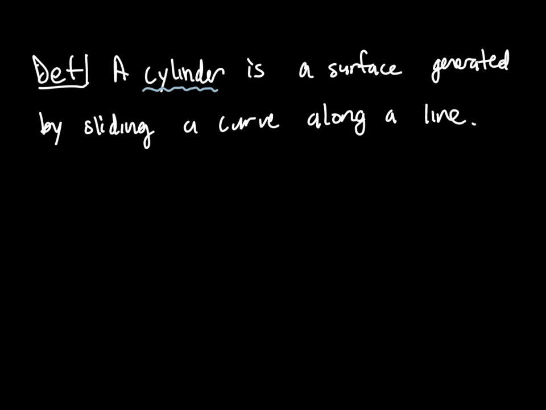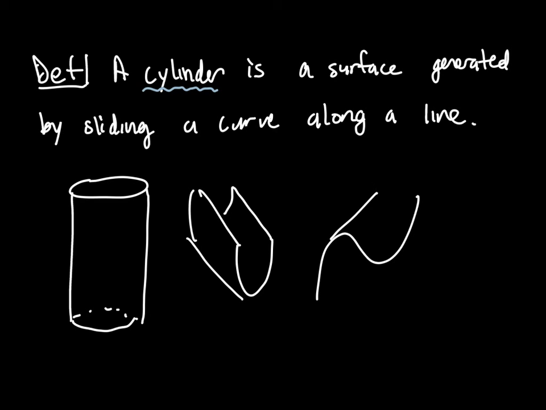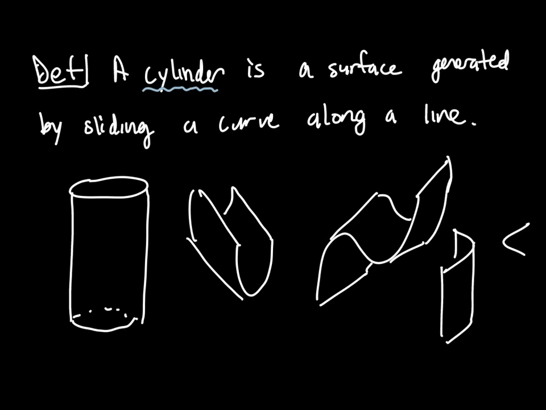So you can have circular or elliptical cylinders. You can have these parabolic cylinders. You can have cubic cylinders. So it looks like this. All of these are examples of cylinders. These hyperbolic cylinders. Something like that, and they would just continue on forever. These are all examples of cylinders.